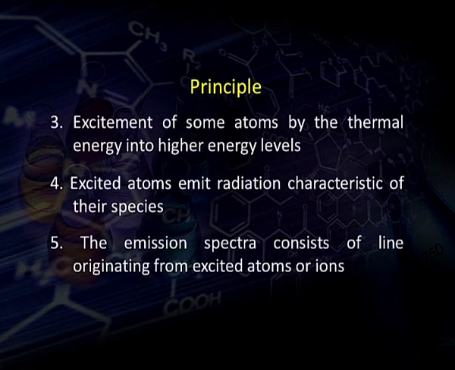Number 3, excitement of some atoms by the thermal energy into higher energy levels. Number 4, the excited atoms then emit radiation characteristic of their species. Number 5, the emission spectra consist of lines originating from the excited atoms or ions.